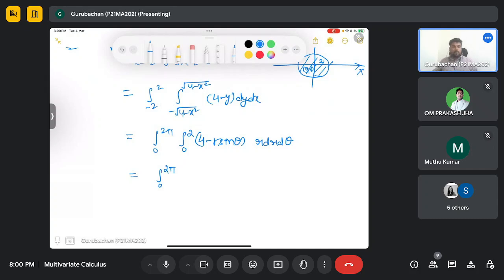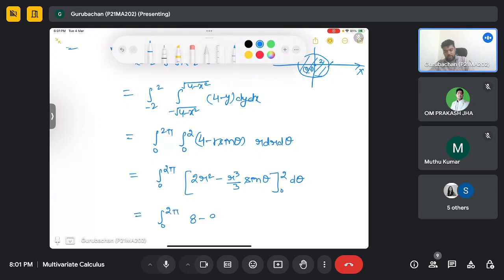Solve this one. So this will give us 4r minus 2r square minus r cube by 3 sine theta from 0 to 2, d theta, and 0 to 2 pi.